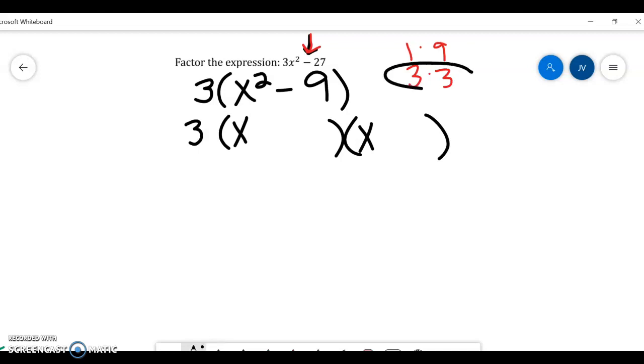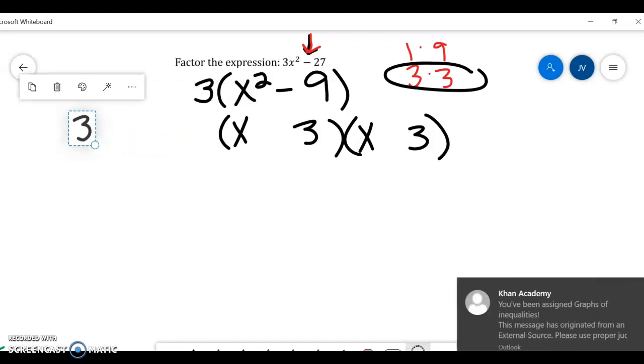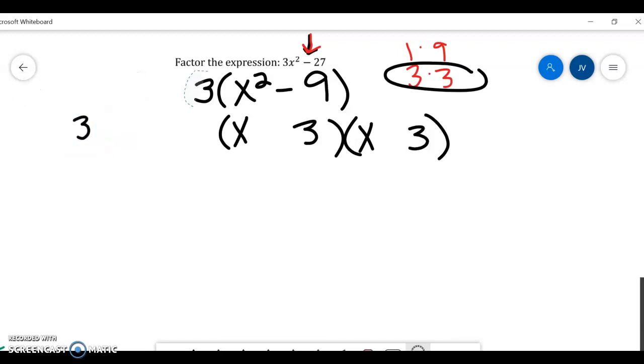So we're going to choose these same numbers, 3 and 3. Okay, we're going to move this guy for just a minute. We're going to put him over here. We're not going to forget about him. He's still part of our factoring. But for now, we're simply worried about factoring x squared minus 9.